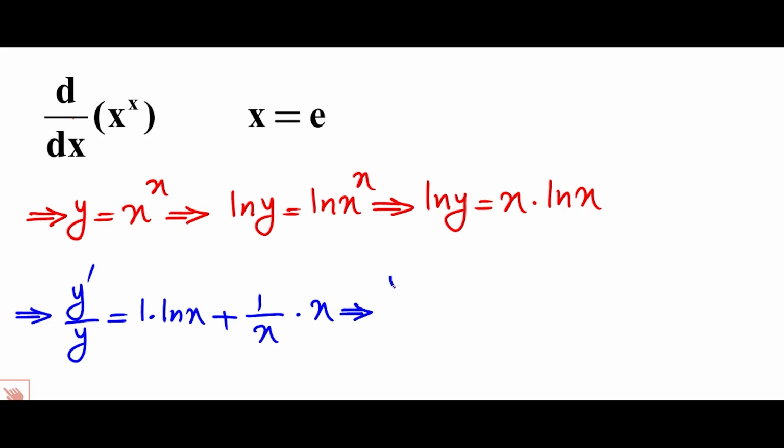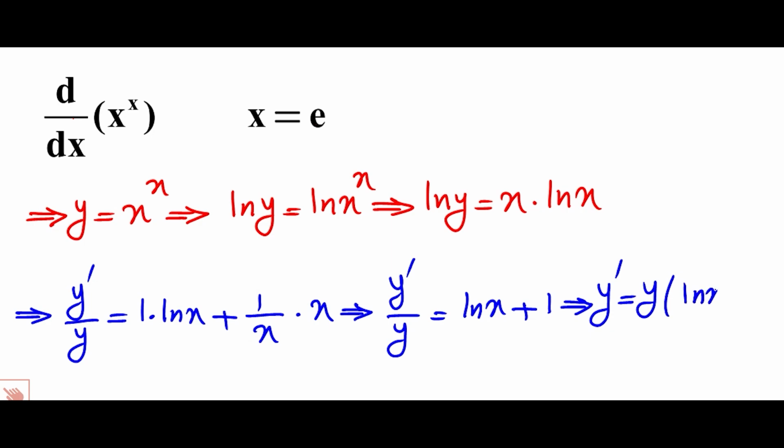So we have y prime over y is equal to ln of x plus 1 over x times x, which is 1. So finally y prime is equal to, we multiply both sides of the equation by y, y times ln of x plus 1.